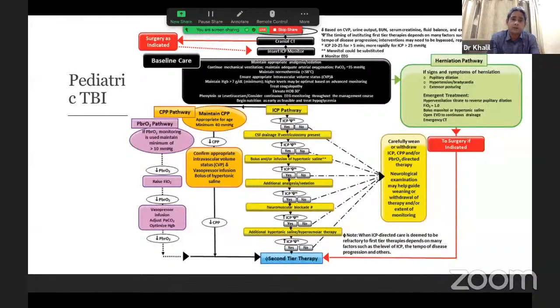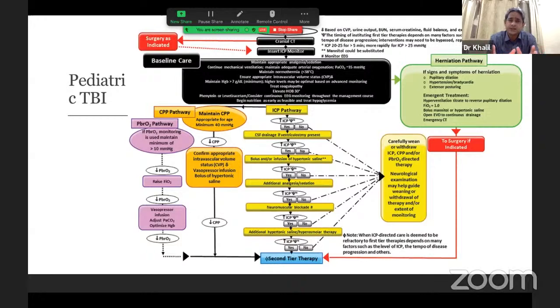Then with regard to the anticonvulsant, both phenytoin or levetiracetam can be used, but from the Eclipse trial, we have seen that the safety profile of levetiracetam is better, but guidelines say either of these can be used. Consider continuous EEG monitoring throughout the management course. Again, nutrition as early as possible and treat hypoglycemia.